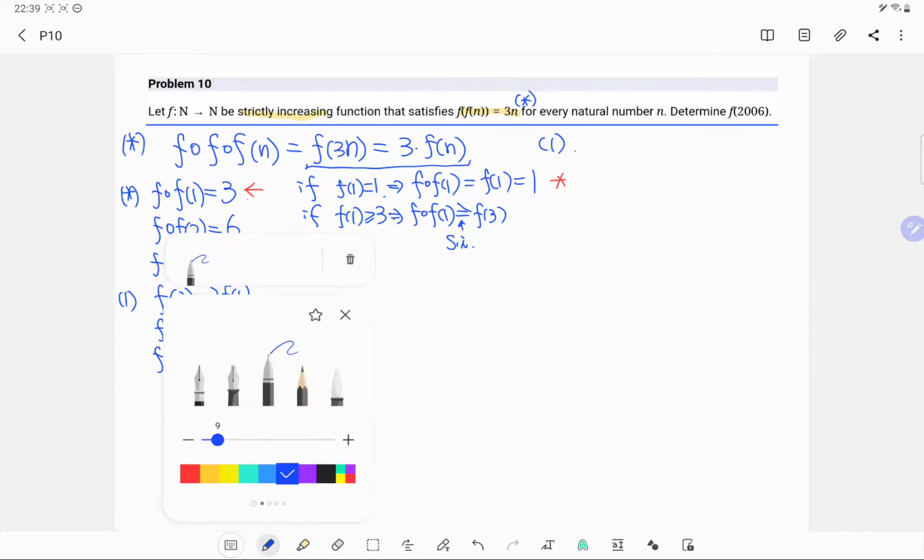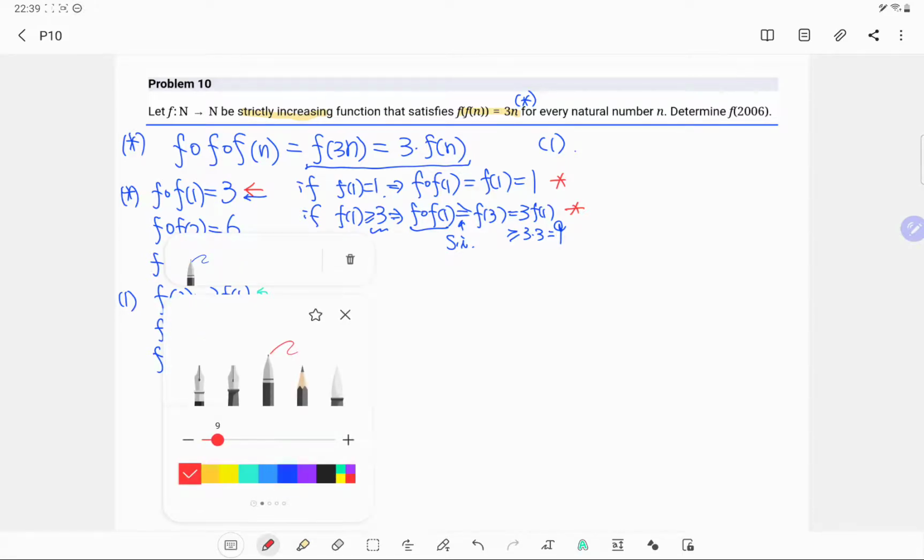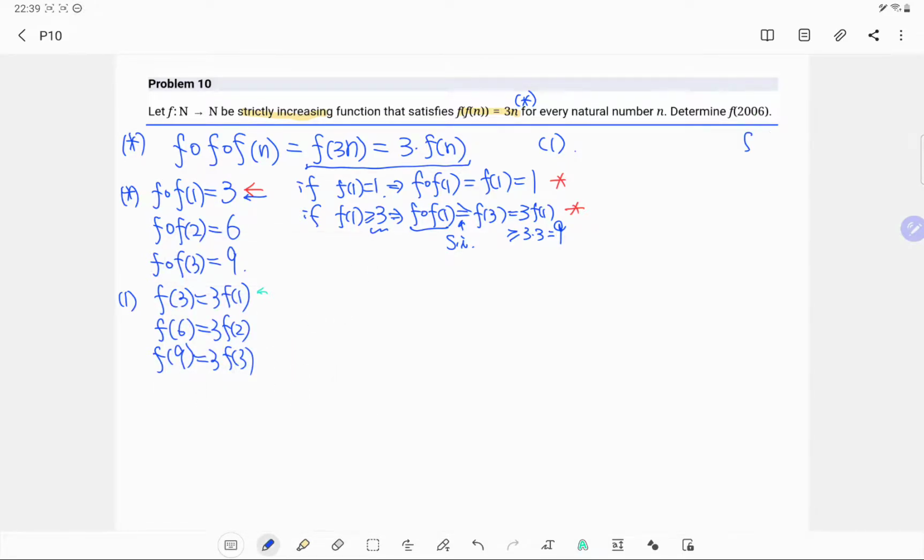And according to this one, we have f(3) = 3 times f(1). Since f(1) is larger than or equal to 3, it should be larger than or equal to 3 times 3, which is 9. However, f(f(1)) should be 3 here. So this also conflicts with what we derived. So the only possible value for f(1) should be 2.